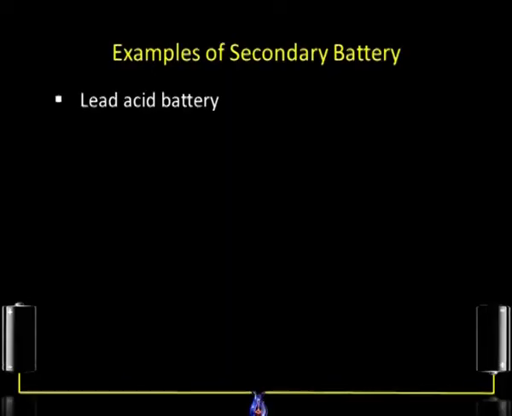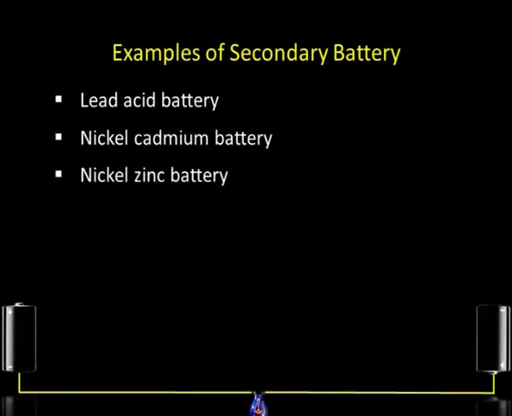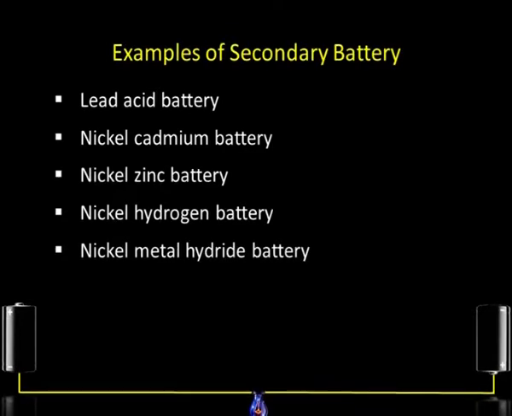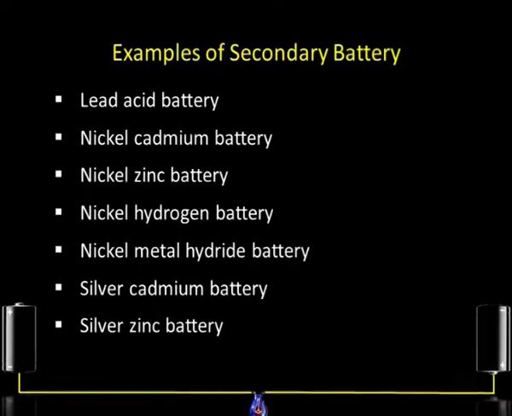Some examples of secondary batteries include lead acid batteries, nickel cadmium battery, nickel zinc battery, nickel hydrogen batteries, nickel metal hydride batteries, silver cadmium batteries, silver zinc batteries and lithium ion batteries. We will discuss lead acid batteries and lithium ion batteries in detail in my upcoming episodes.